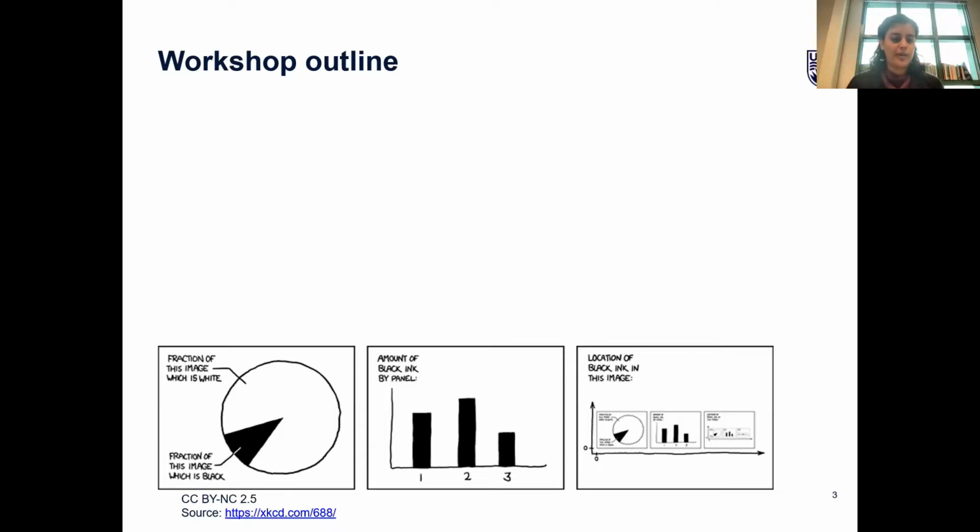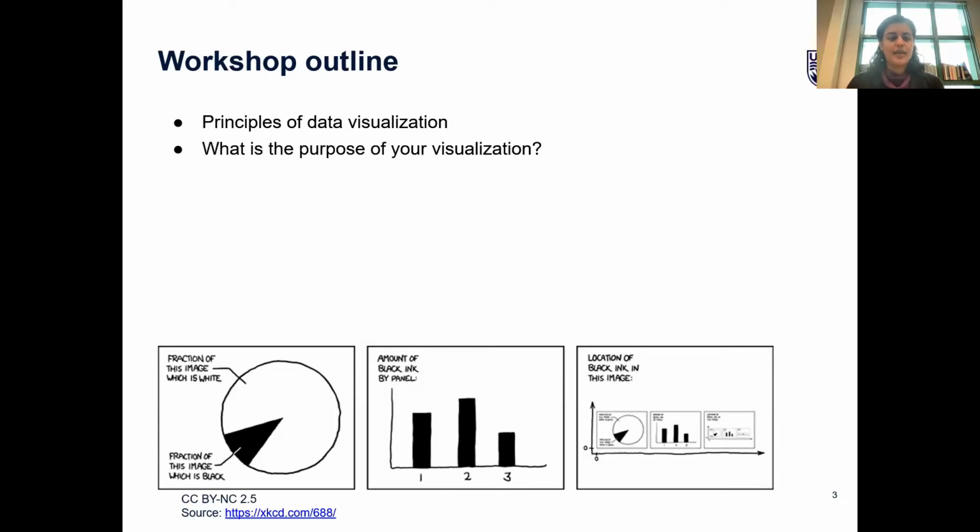So just to go over what we're going to chat about today, we'll go over the basic principles of data visualization. We'll talk a little bit about why you're visualizing, so what is the purpose of your visualization. We'll go over some basic do's and don'ts. So we'll go through two of the most common types of visualization.